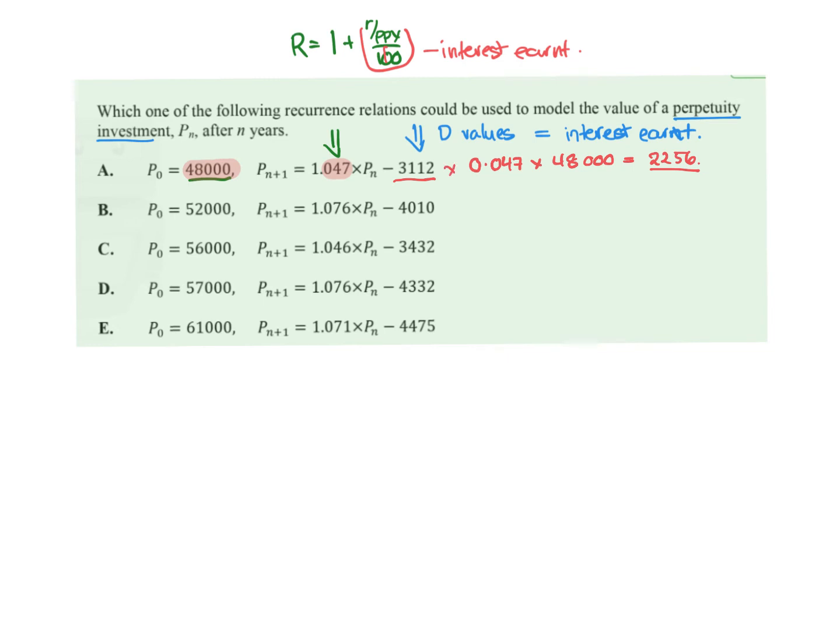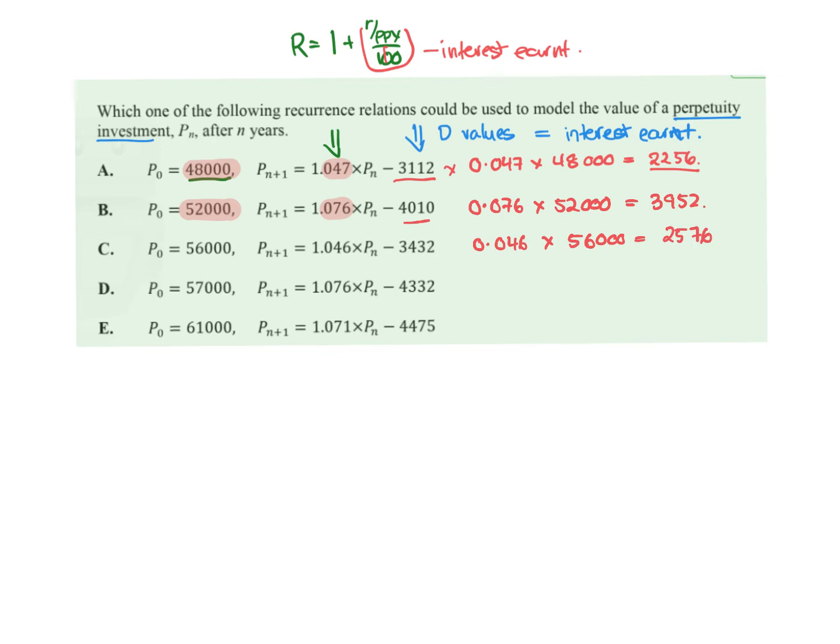So then I would do the next one. I just want to see what interest is gained. So we go 0.076 times the 52,000 and see what we get. And we get 3952, so it doesn't match that, so it's not that one. So I do the next one, 0.46 times 56,000.